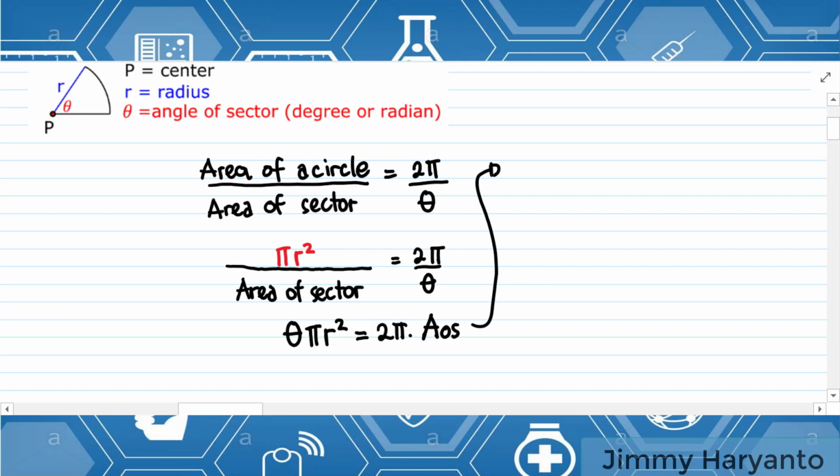And then we move the 2 pi to the left side: theta times pi times r square over 2 pi equals AOS. And then we can cross out the pi, so we will get half theta r square as the area of sector. So the formula for area of sector is this one.